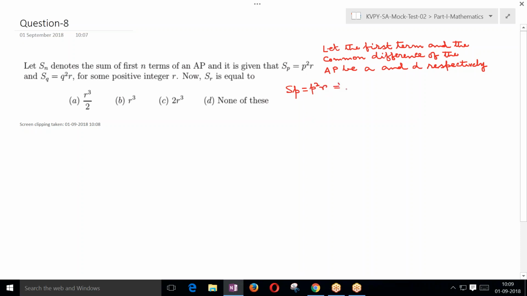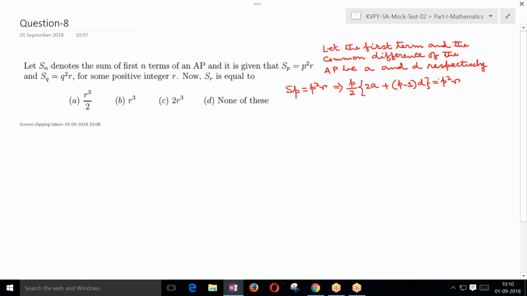The sum up to the first n terms is n by 2 into twice A plus n minus 1 into D. So here you can write p by 2 into 2 into A plus p minus 1 into D, that is equal to p square into r.